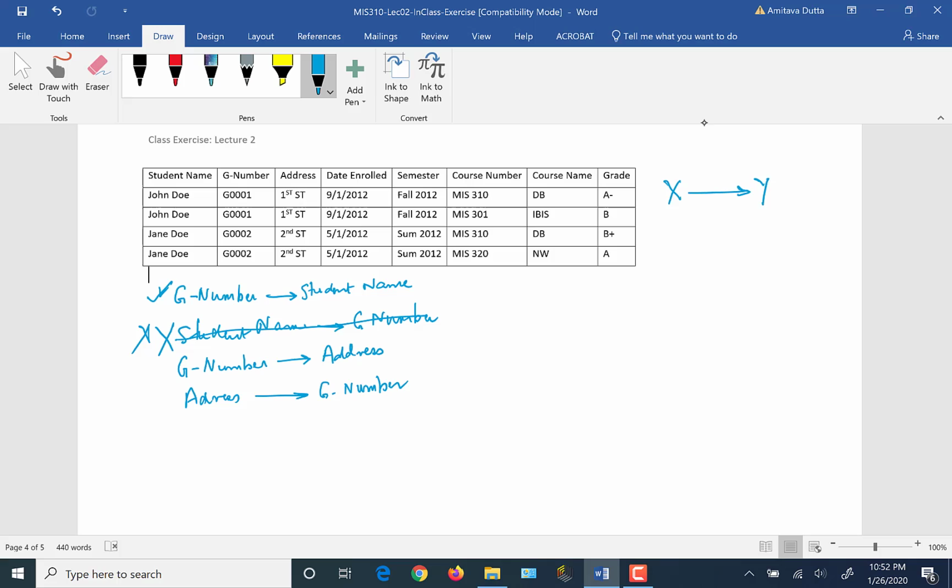But in reality, more than one student could be staying at an address, correct? So First Street could be the residence of John Doe. It could also be the residence of Bob Woodward or whoever it is, other people. So in general, knowing the address does not allow you to identify a student uniquely.